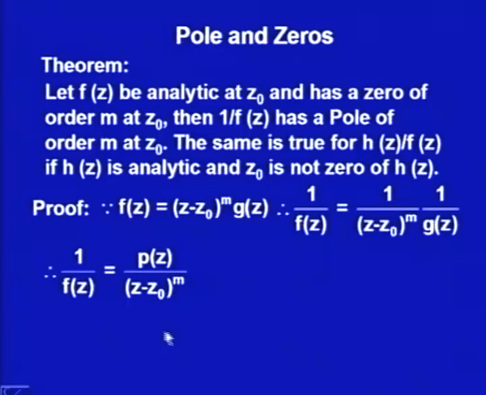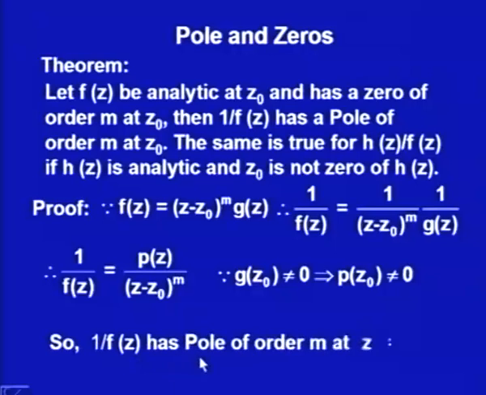What it says is that I am getting a principal part with m terms. So, z naught should be a pole of this new function and the order of that pole must be m. Since g at z naught is not 0, p at z naught will also not be 0. So, 1 upon f(z) has a pole of order m at z equal to z naught by definition.